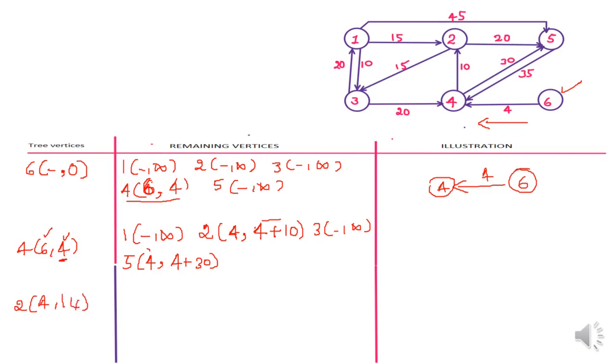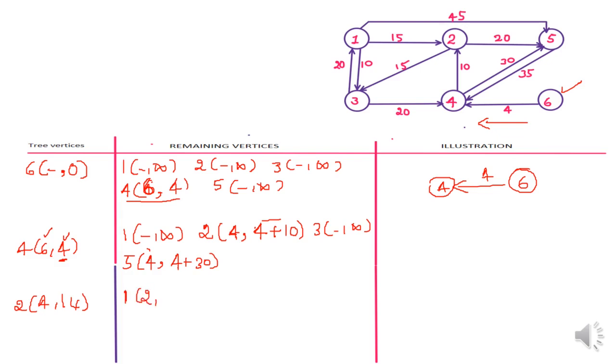Now the remaining are 1, 3 and 5. Can we update 1, whether 1 is making an edge with 2? However, it is not possible with 4 and 6. By this we have come to know that the only possibility is 2. Right now 1 is not making an edge even with 2.